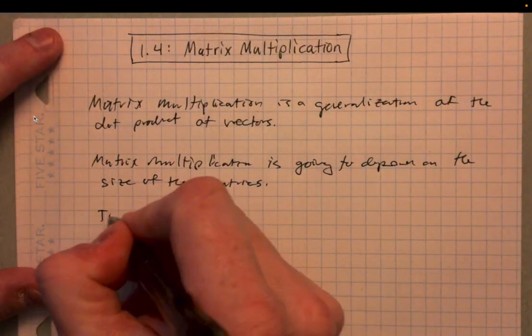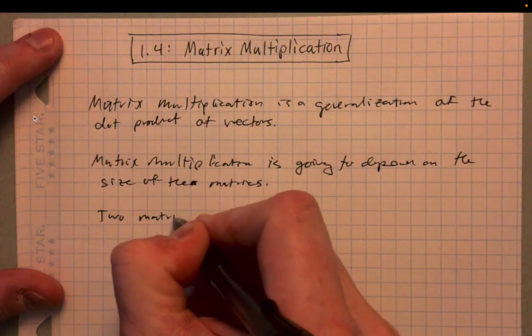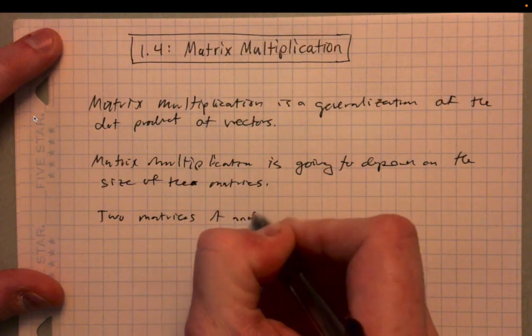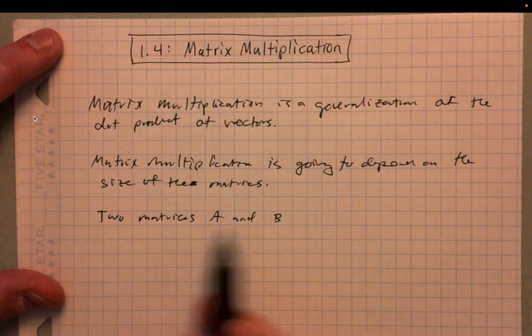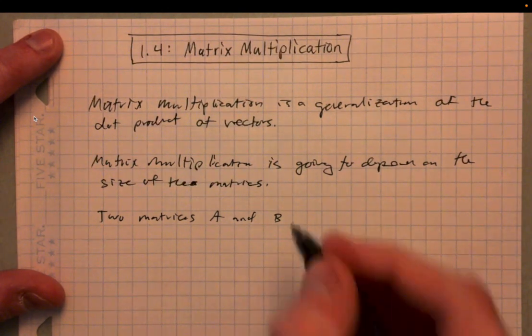So I've got a matrix A and a matrix B. They can be multiplied.